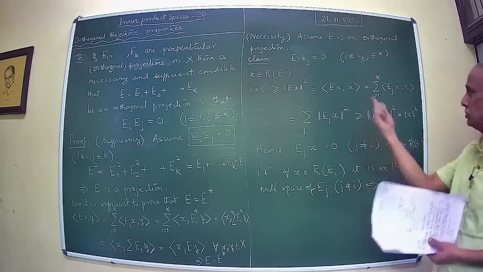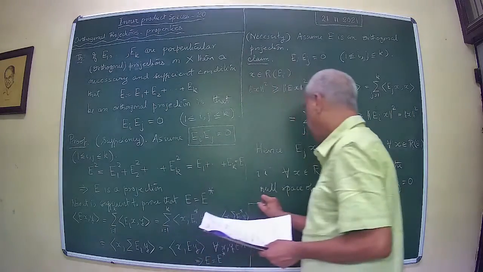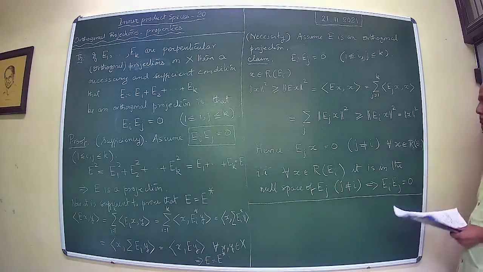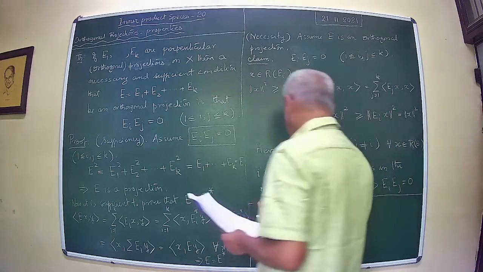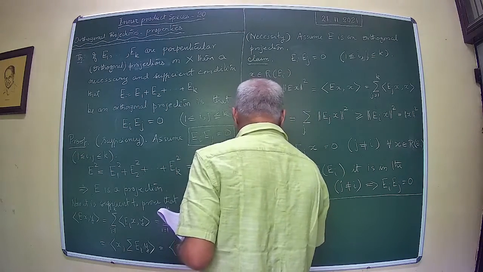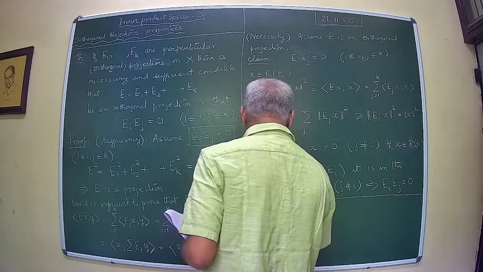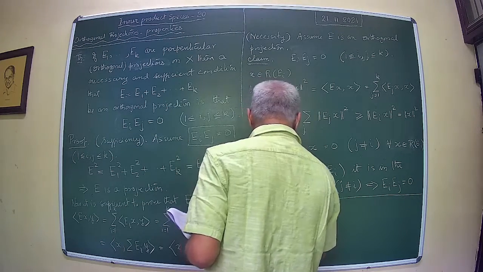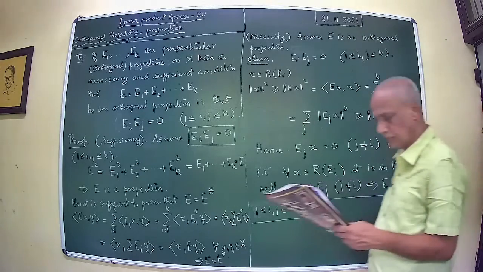Now you see it's true for every i, therefore this result is true. So that completes the proof of the theorem. Well, if you want, you can write this is true for i from 1 to k. Okay, so that completes the proof of the theorem.